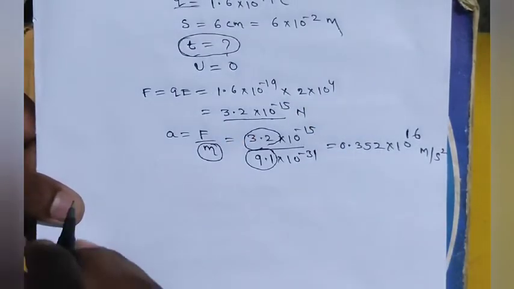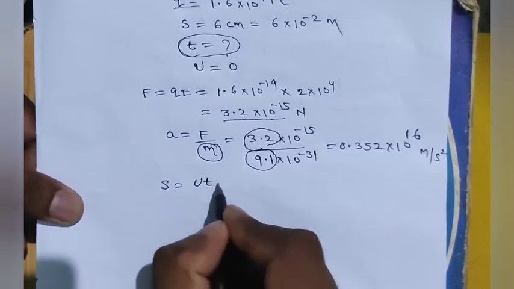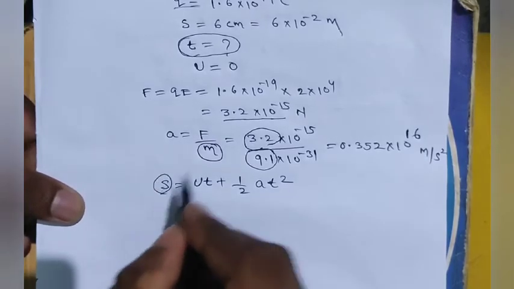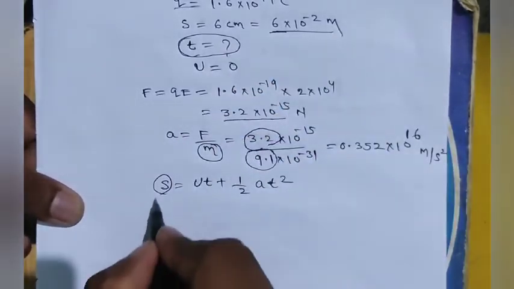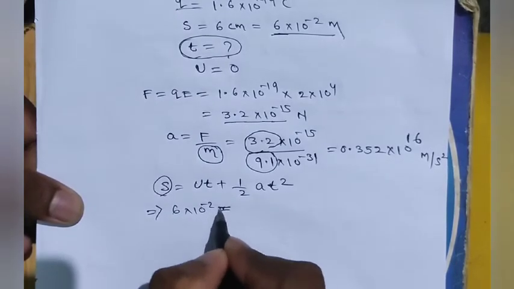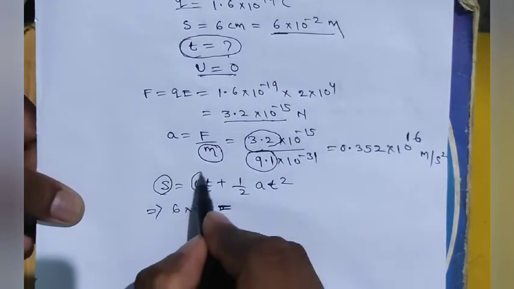So now we have to calculate the time of travel t. So we have to apply kinematic equation S equal to ut plus half at square. S is given how much? 6 into 10 to the power minus 2 meters, and u is given 0. So this term will be 0.